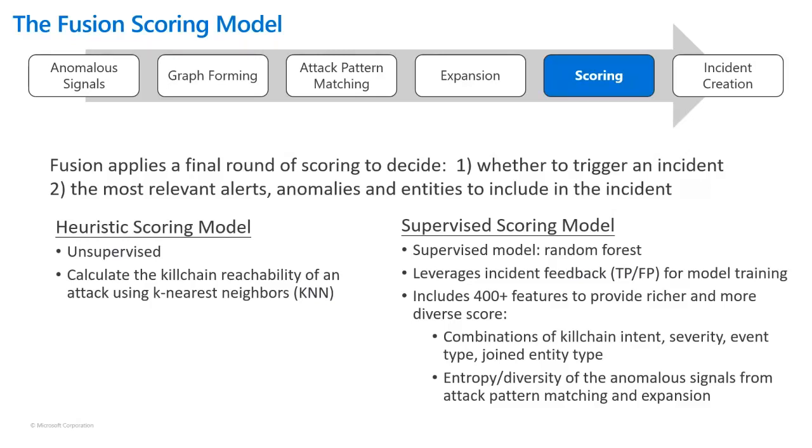For the old model, it would give a very similar score to the two attack patterns, as the kill chain reachability would be very similar. For the new model, however, it will be able to differentiate whether the activity is more false positive prone if it happened at the initial access stage versus the privilege escalation stage, based on the learnings from the customer feedback and the model training.